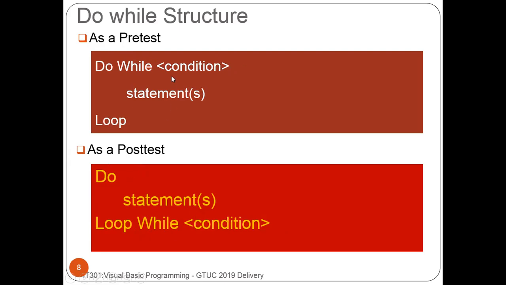So the only difference between these two is that this here is pretest, this here is post-test, and that here our statement will execute at least once before the condition is checked. So even if the initial condition is false, we're still guaranteed that these statements between the do and the loop will execute at least once before we check to be sure that the condition is false, then we would exit.